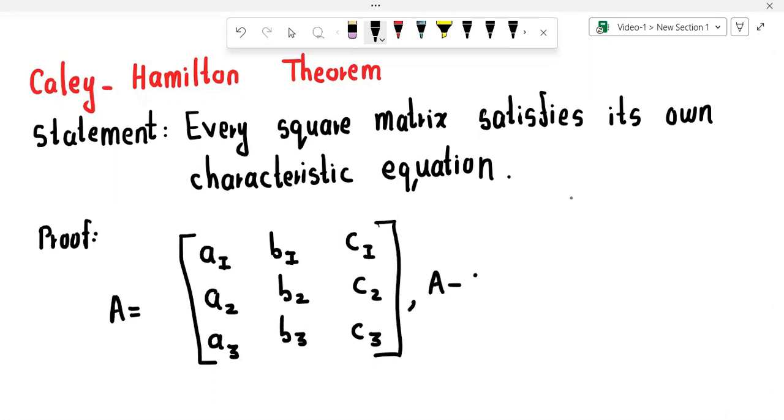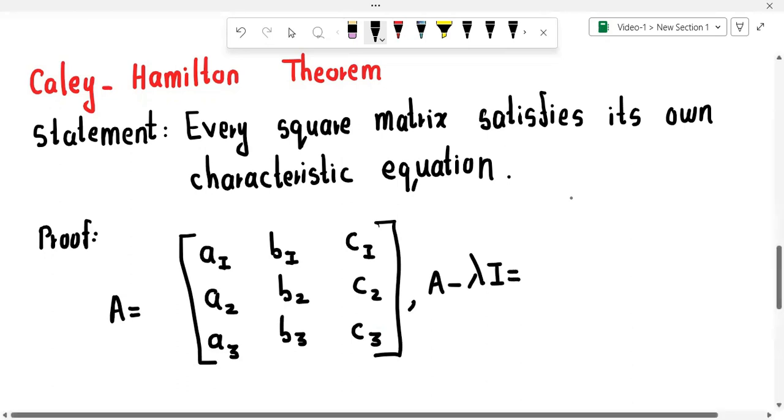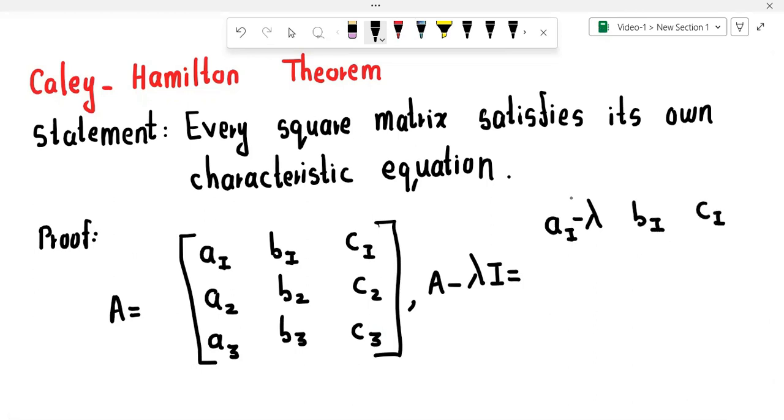Then A minus lambda times the identity matrix can be written as A1 minus lambda, B1, C1, A2, B2 minus lambda, C2, A3, B3, C3 minus lambda.